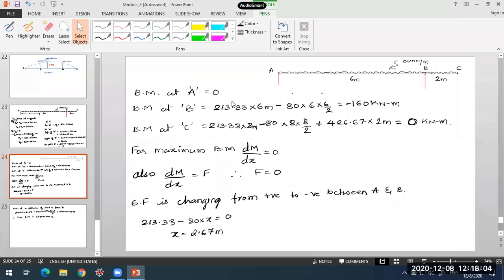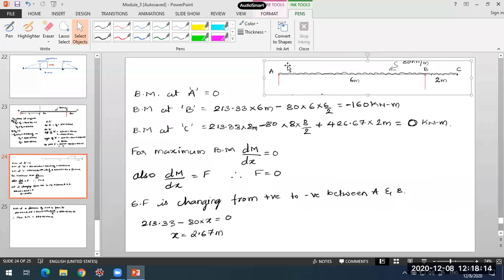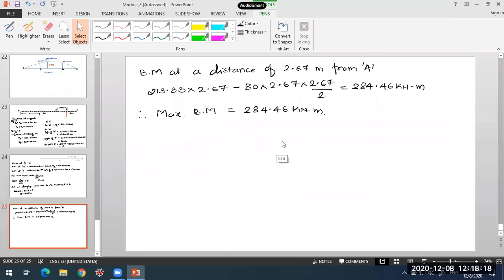Like we did for the shear force, for finding the point of zero shear force, we'll have to find the point of contraflexure by equating the bending moment equation to 0. Please understand and see here.